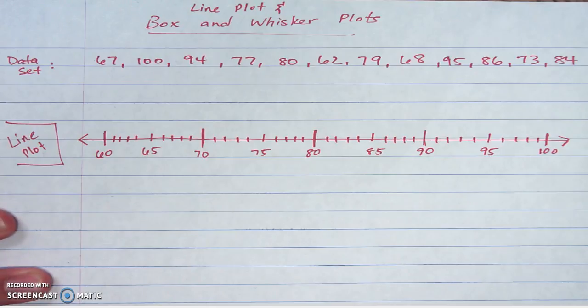And to make a line plot, we simply need to start with a number line. I found that my number line should go from 60 to 100. That would encompass all of my data. And all we're going to do is mark each data point at each spot.